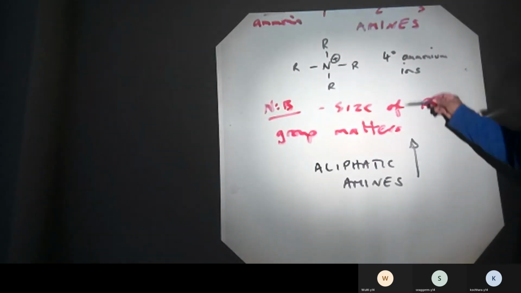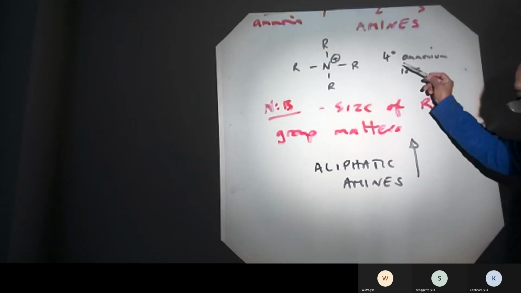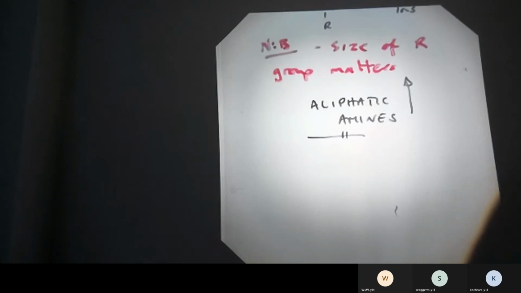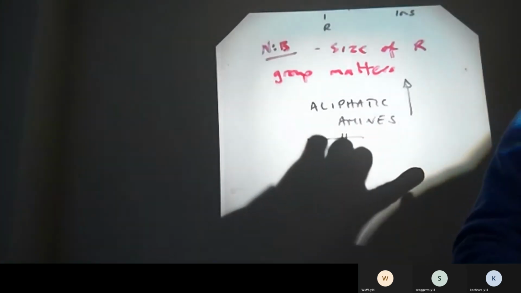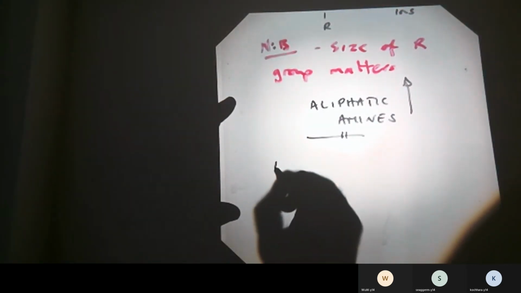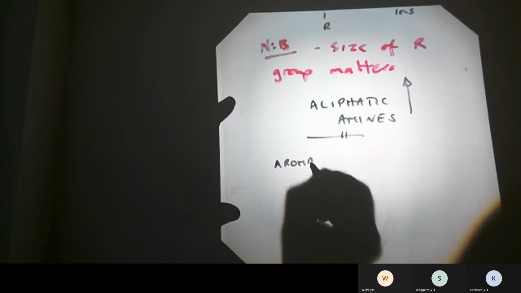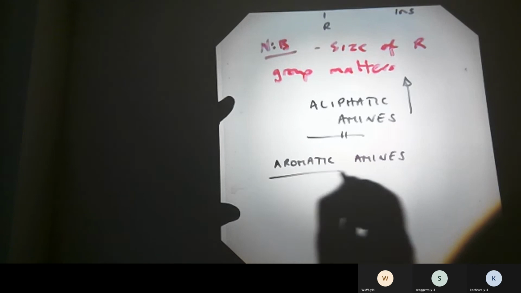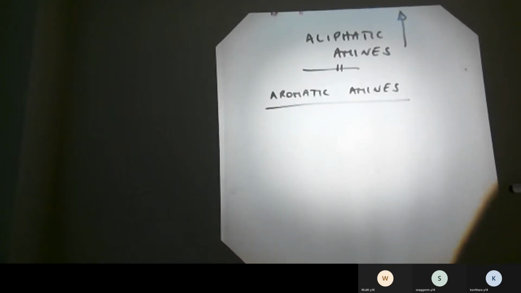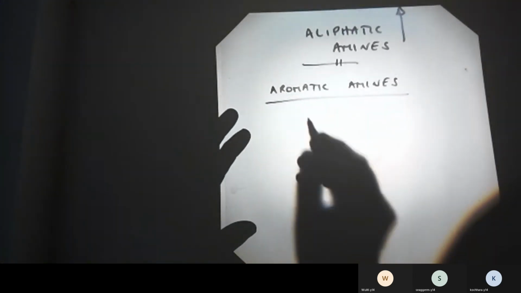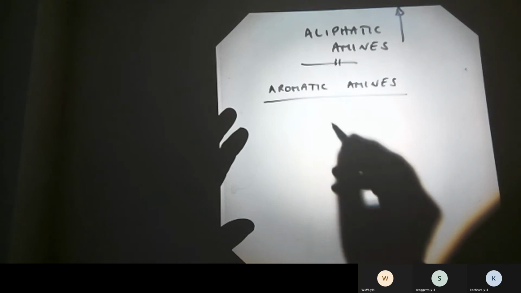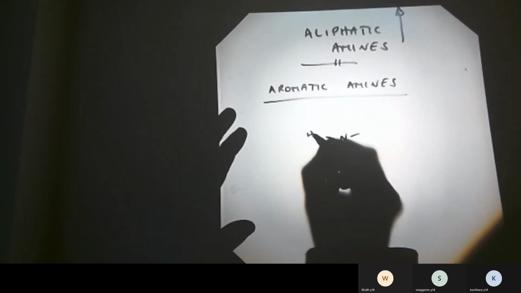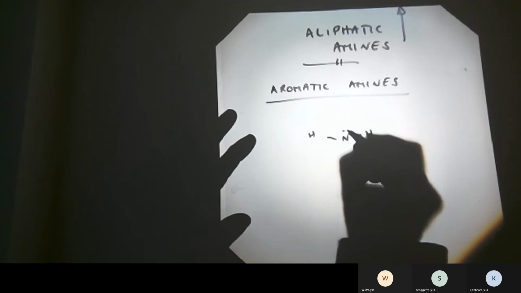So I want you to know that all of that discussion up there was about aliphatic amines. Now we're going to talk about aromatic amines. The most famous example is aniline, phenylamine. Let me draw it like this, with the pair of electrons.